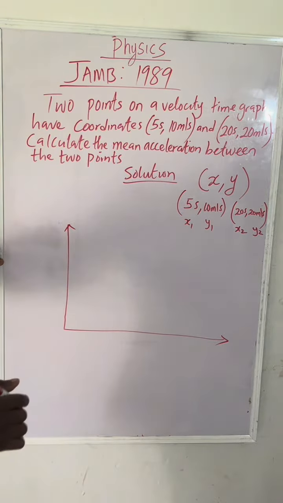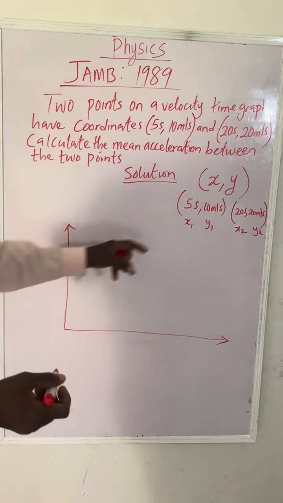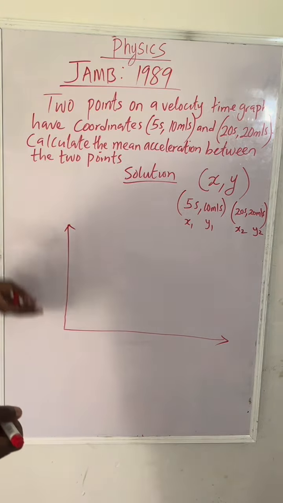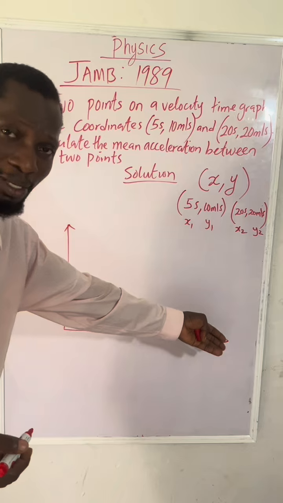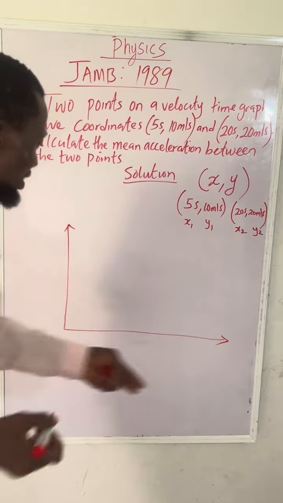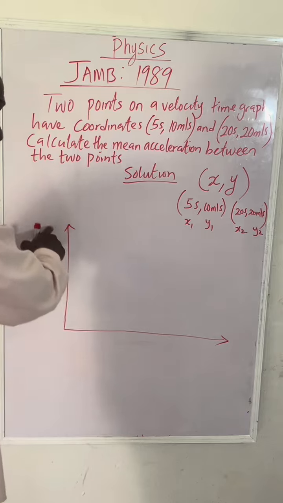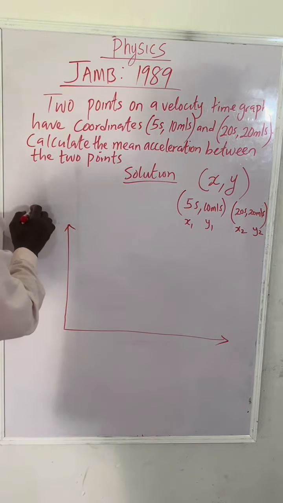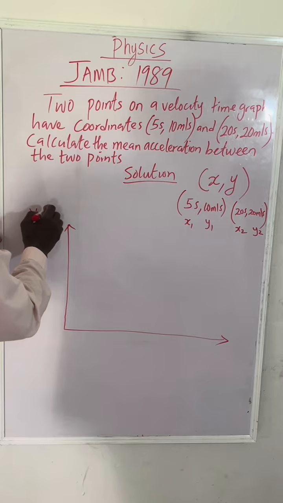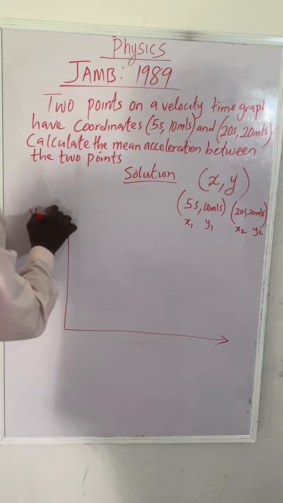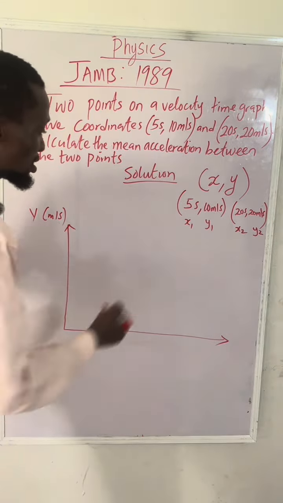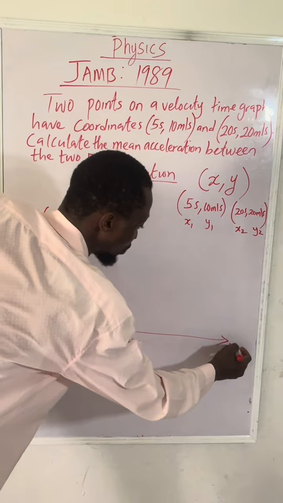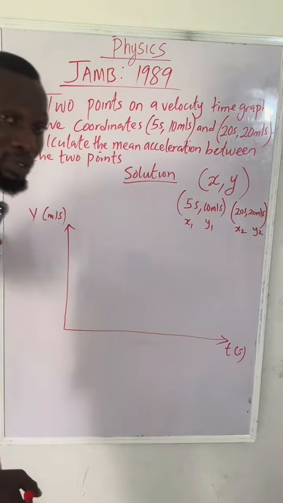Now, you can see the velocity has to be in the vertical, in the y-axis, and our time has to be in the x-axis. Now, look, in the y-axis, we have velocity. So, velocity in what? In meters per second. Now, in the horizontal axis, we have the time, t, in what? In seconds. You can see.